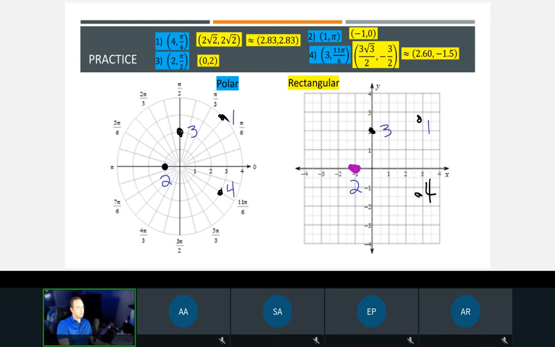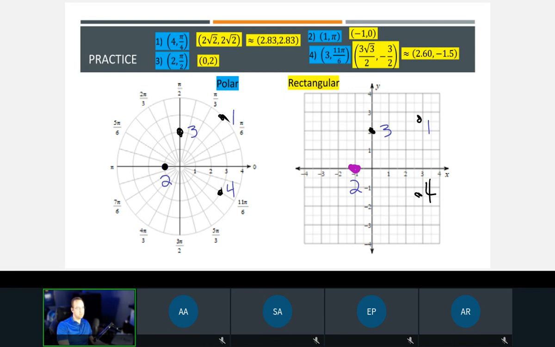Thank you. So if you superimpose one on top of the other, they would be in the exact same spot. That's the whole point of doing this. So whether you're graphing polar or rectangular for numbers 1 through 4, the location is still going to be exactly the same place. Pretty neat, right? The more you know.